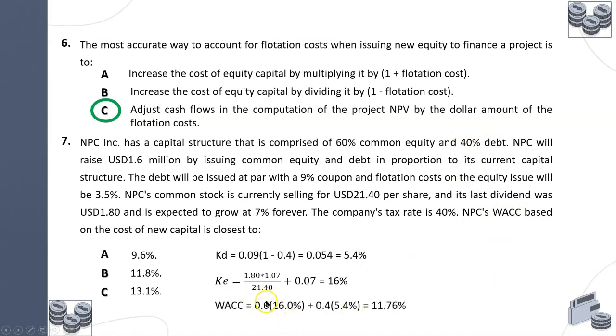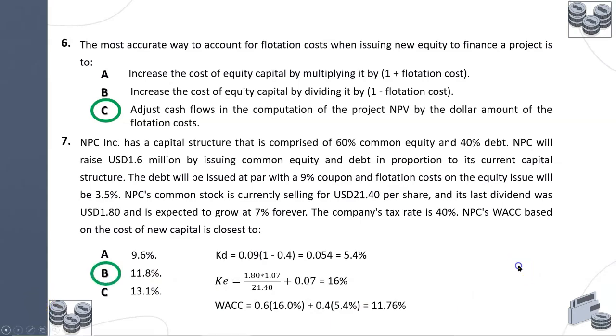That is 60%, the weight of the equity, times 16%, the cost of equity, plus 40%, the debt weight, times 5.4% cost of debt, will give 11.76. So the answer is number B.